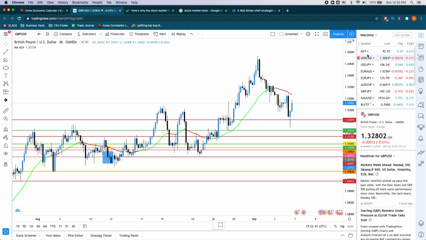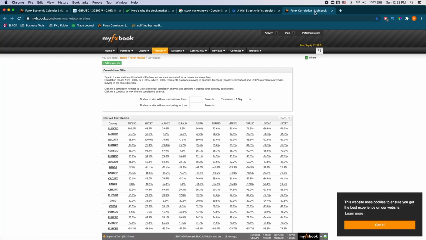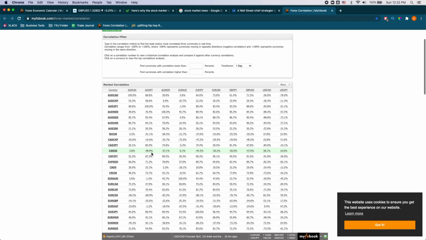The main reason I have these forex pairs on my watch list is the forex correlation, and this is really good to take advantage of your risk management, right? If you have too many pairs that are correlated with each other, anything above like 60%, then you're pretty much doubling down on your risk.